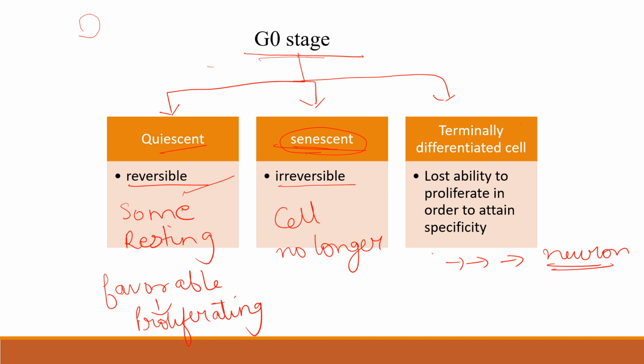So there are some cells that, after attaining the specificity, stop dividing, meaning they have lost their ability to proliferate, and this is known as terminally differentiated cells. But majorly the G0 stage only has two stages, that is quiescent stage and senescent stage.